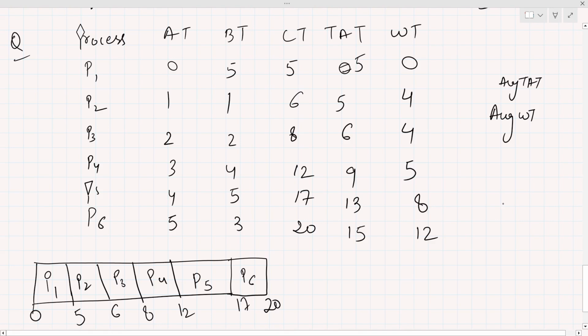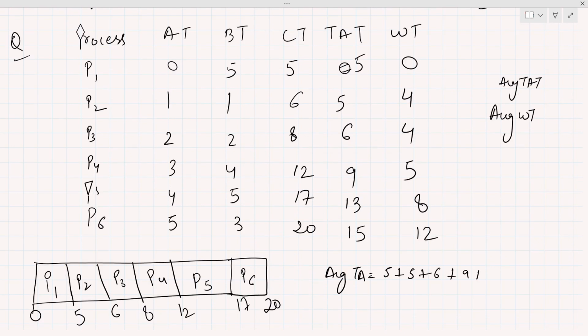Now what we have to do is add all these and divide by the number of processes. So for the average turnaround time, it's 5 plus 5 plus 6 plus 9 plus 13 plus 15 divided by the number of processes. In this case there are 6 processes, so divided by 6.